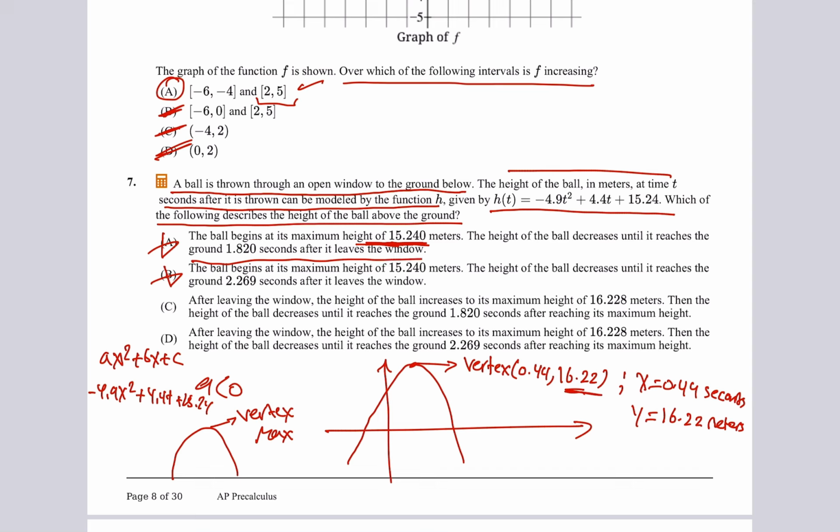What about C? After leaving the window, the height of the ball increases to its maximum height of 16.22. This is in fact correct. Then the height of the ball decreases until it reaches the ground, 1.82 seconds. So let me just mark the point where it reaches the ground, which is this one, right? And that is when y equals 0. We just need to find the x coordinate.